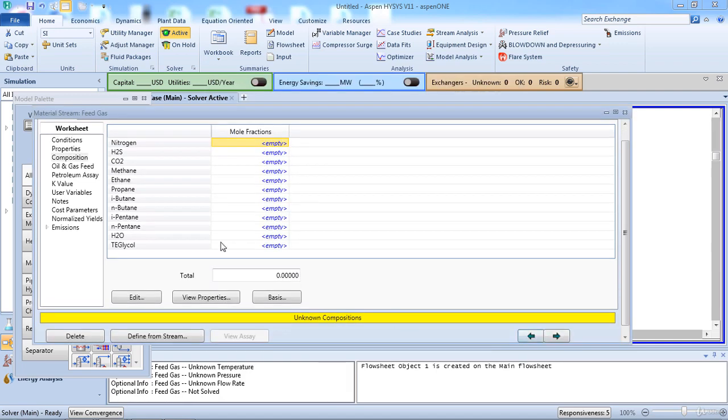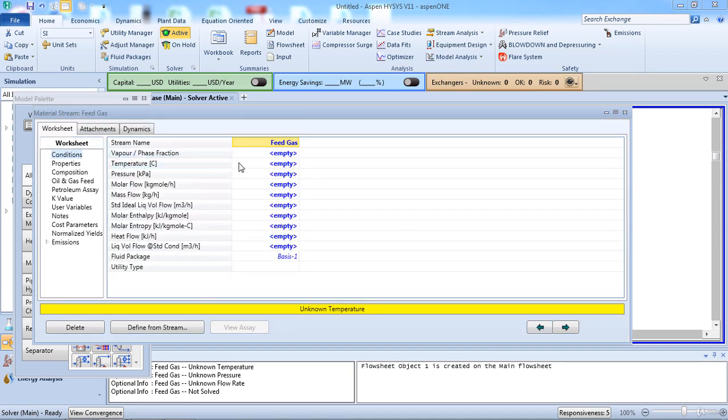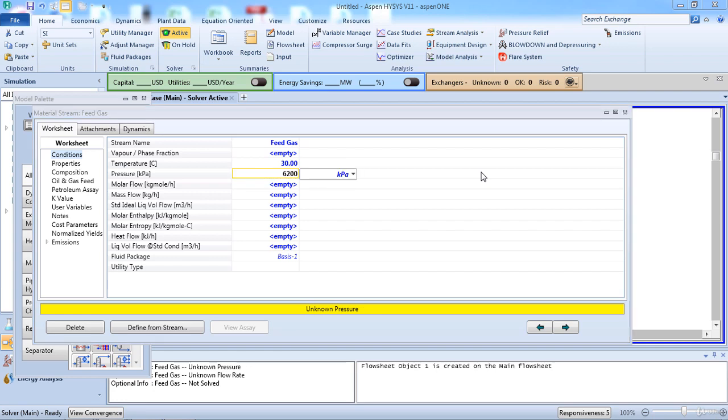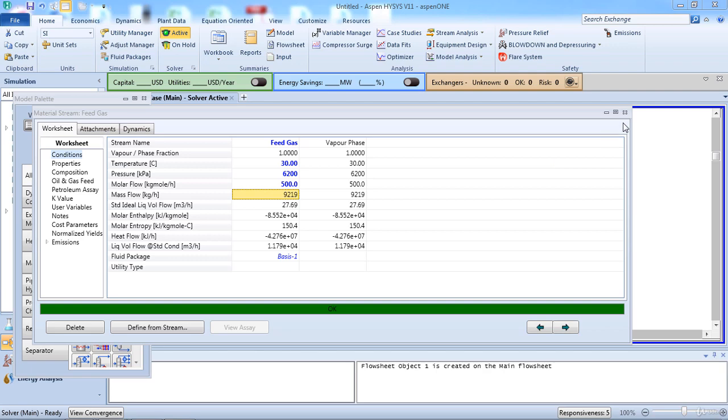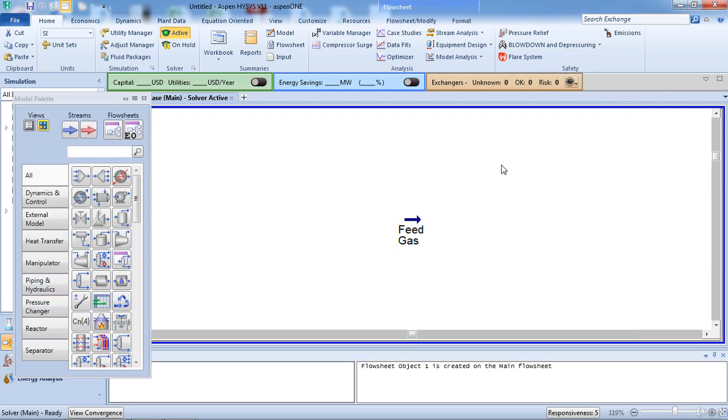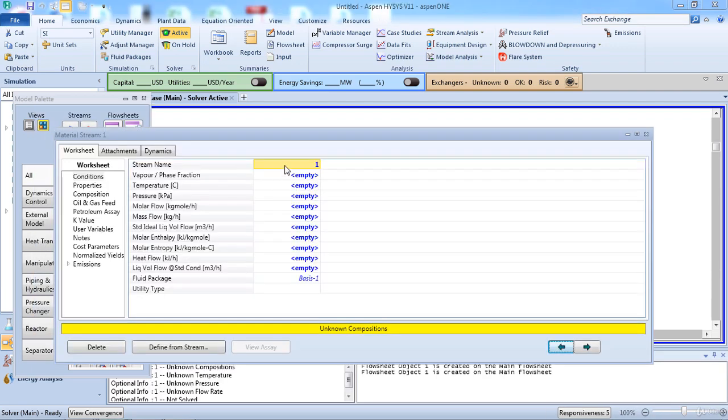Then, okay, go back to conditions to record the temperature, 30 degrees Celsius, the pressure, and the flow rate. Now the stream is defined. I will add another stream, F11, which is triethylene glycol feed.